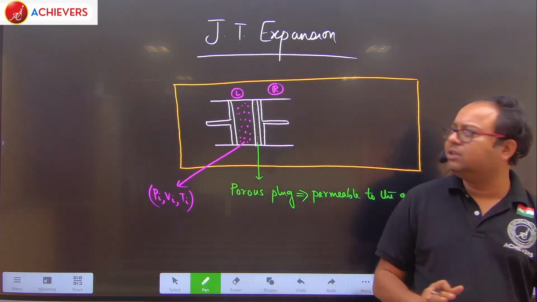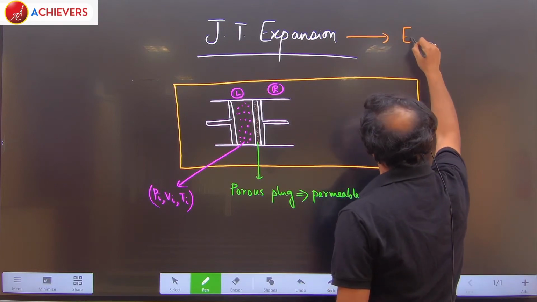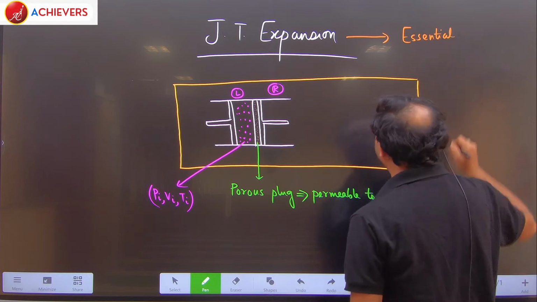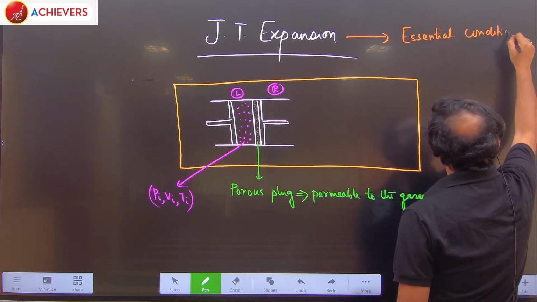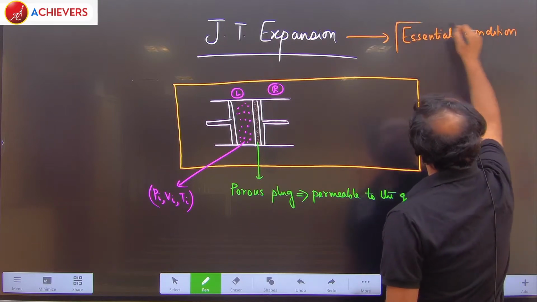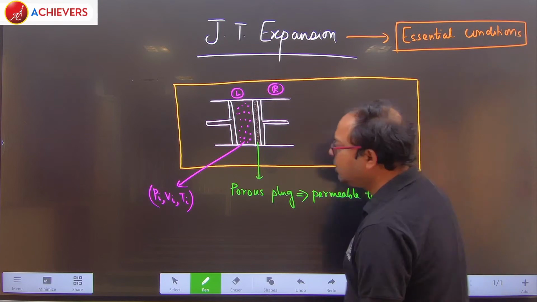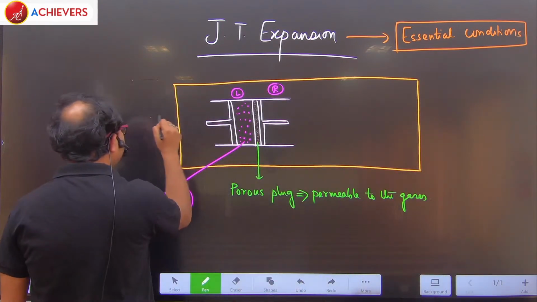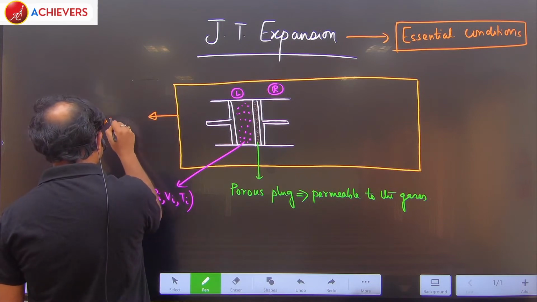Now in case of this Joule-Thomson expansion, an essential condition has to be maintained. Or rather, essential conditions. There are two essential conditions. The first one is, as I have told, this is an adiabatic enclosure.